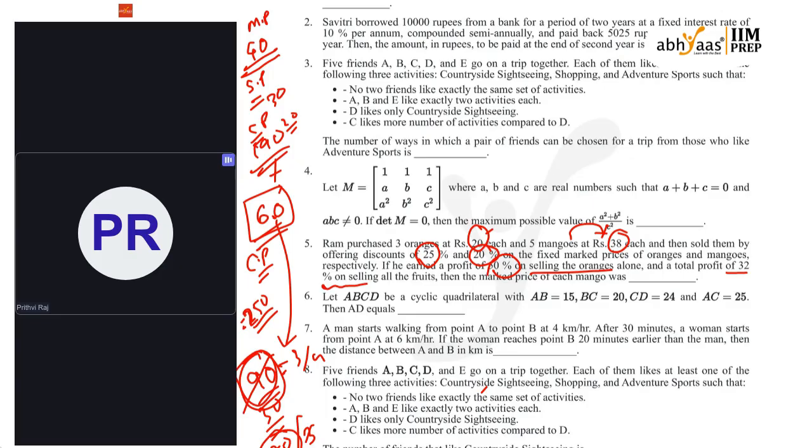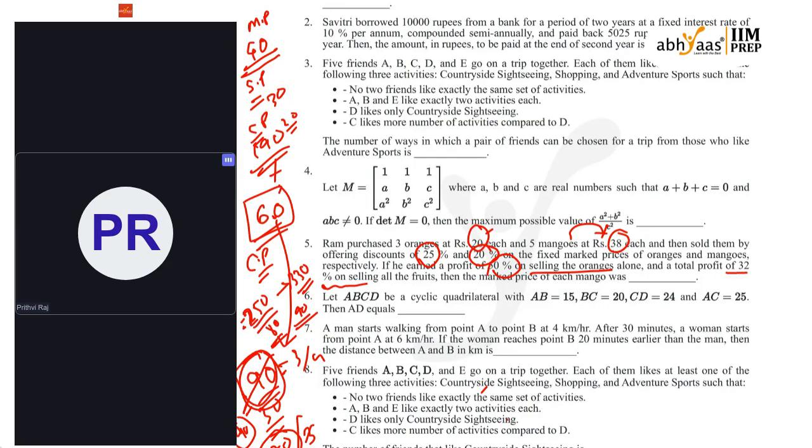It is 50, 75 plus 5, it's 80. Okay, that is 32%. So overall it is 330. So my profit on the whole thing is 330. In that, I have to remove 90 because 90 is coming from oranges. So if I remove 90, it is 240.